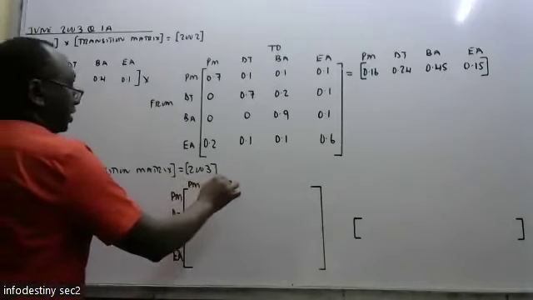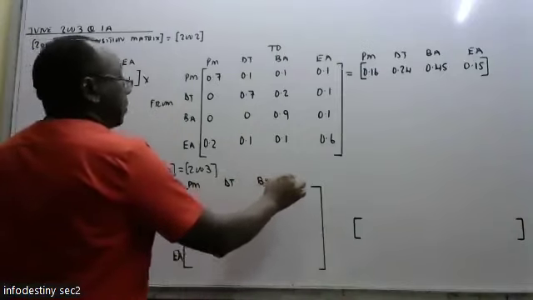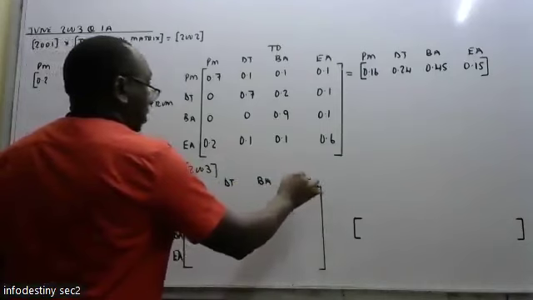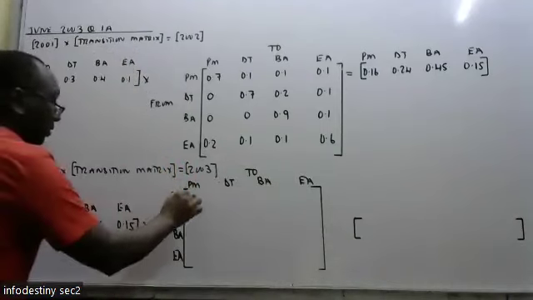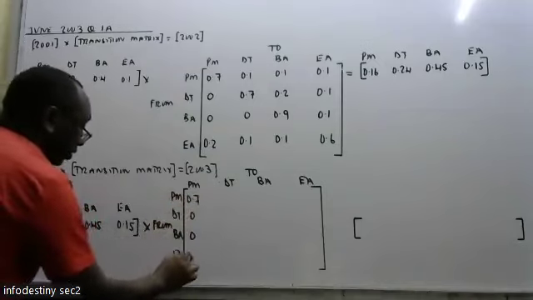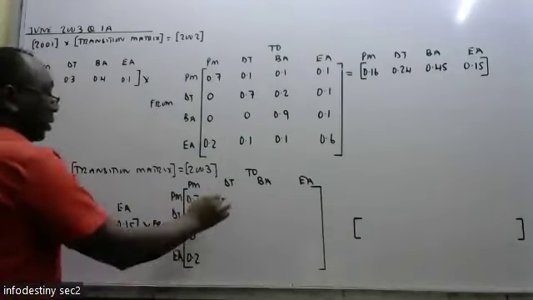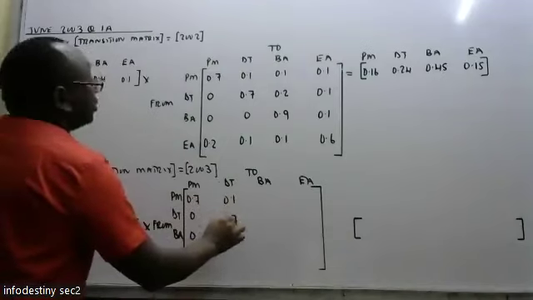We have DT, we have BA, and we have EA. So this matrix remains the way we had created it. It does not change. Actually, this is also one of the assumptions.